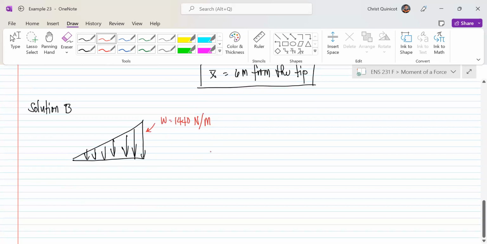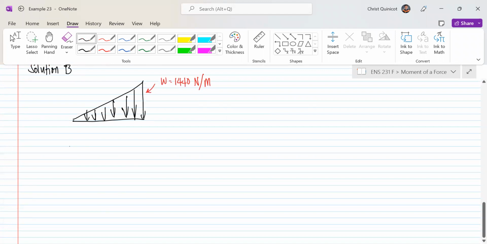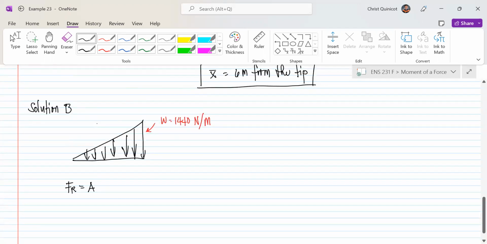Since our loading is uniformly varying and takes the shape of a triangle, and by definition F sub r is equal to the area of the loading, we can just use the area of our triangle to find the resultant force.